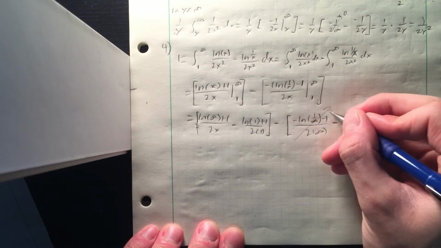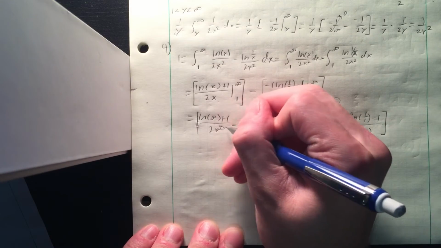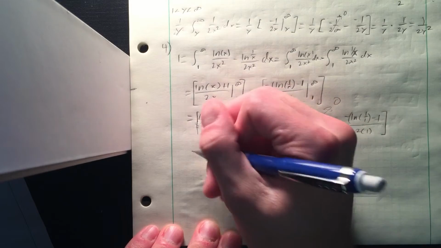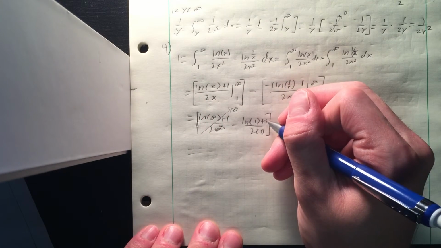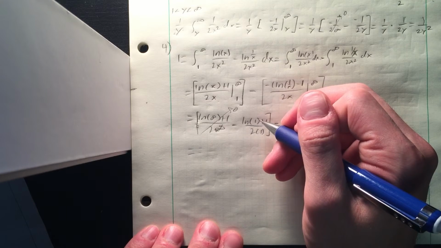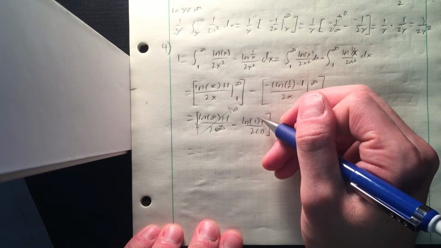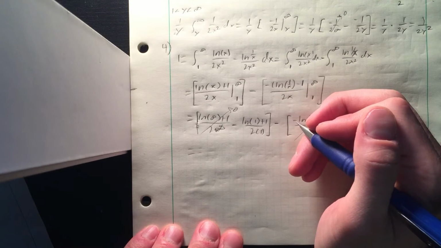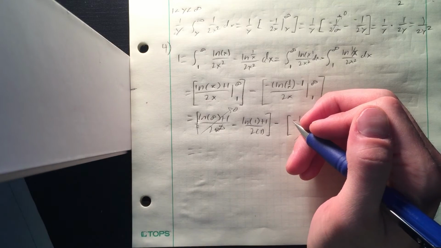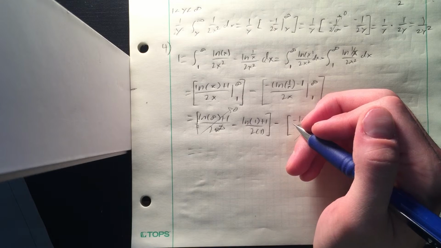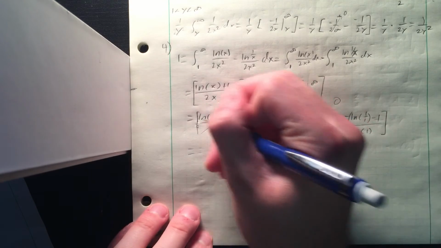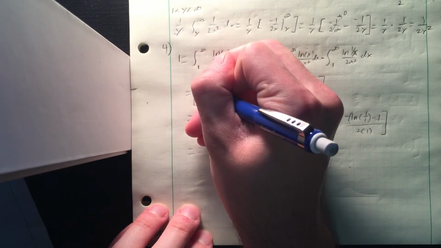So infinity goes to 0, this is infinity, left a little x in there, divided by infinity. So that leaves us with this, which is ln of 1 is 0. These are negative 2. The negative.